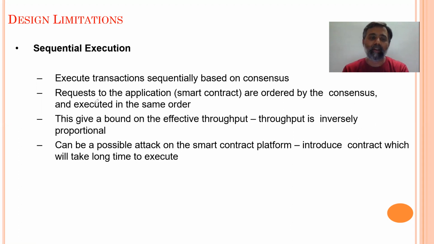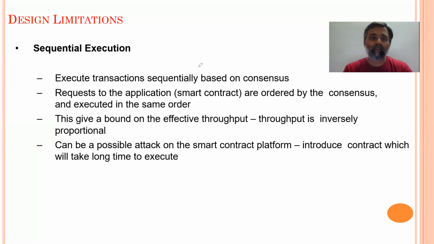Here, the request will be received, and it will be executed in the order that the consensus will decide. And because of that, the throughput is affected, and a possible attack on the smart contract platform is also possible, which introduces a contract that will take a long time to execute.